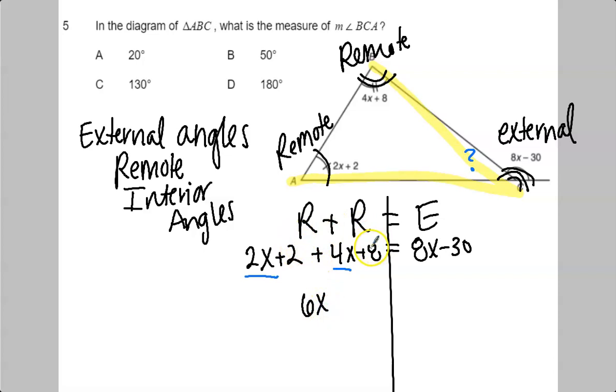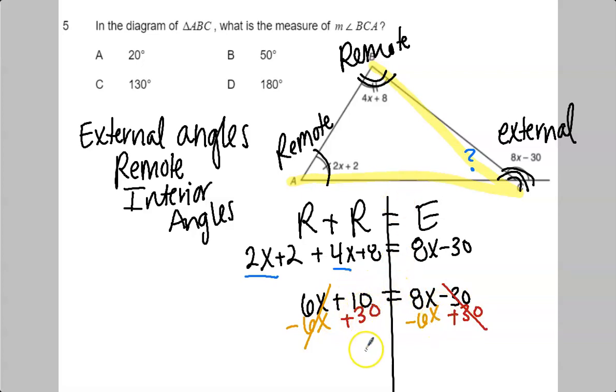And 2 plus 8 would be 10. And that's equal to 8x minus 30. All right, I'm going to go ahead and subtract 6x, subtract 6x. And at the same time, I'm going to go ahead and add 30. Once you get stronger with equations, as you should be, you can go ahead and do some of these movements in one step.